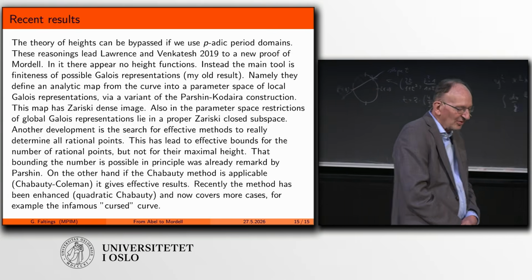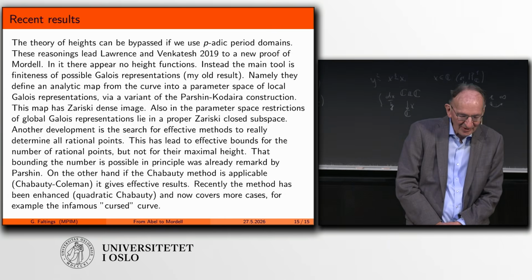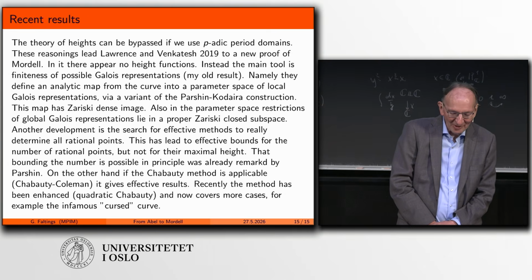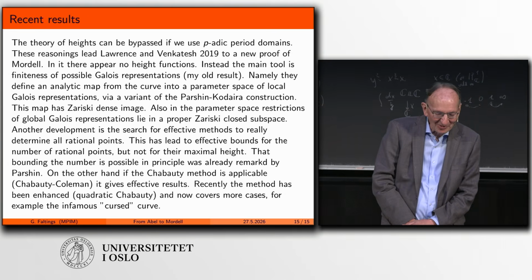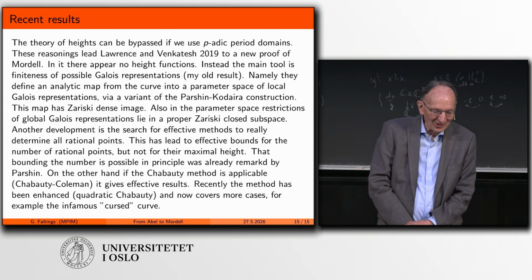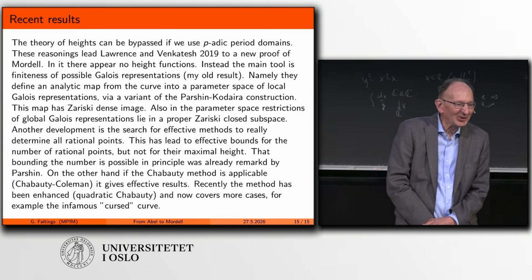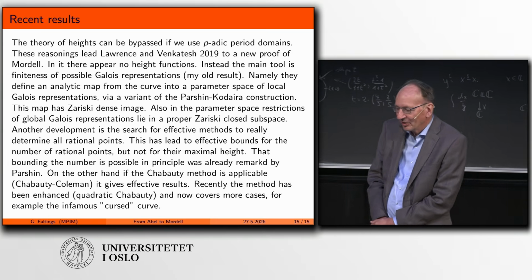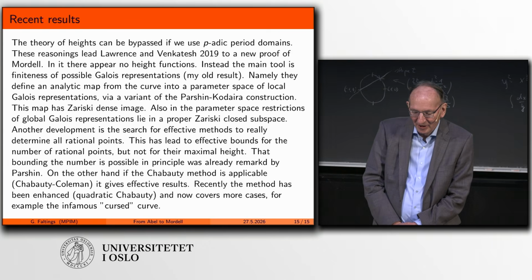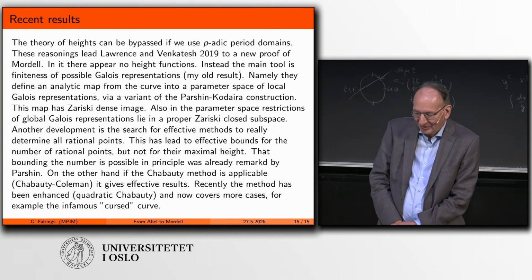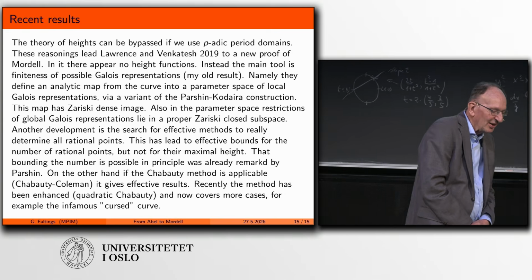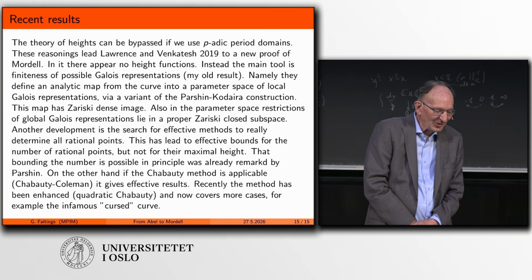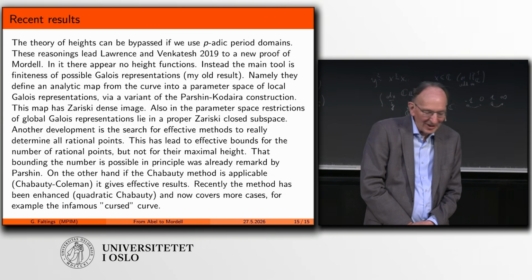And then they prove that the image of the curve is Zariski dense, and then that the Galois representations lie in a proper subspace. So this is why I have a patent for this, because I proved finiteness of Galois representations, so they could not quite get rid of me. But then they proved, because it's a proper subvariety, it lies in a hypersurface, and because the image of the curve is dense, then there are only finitely many points.